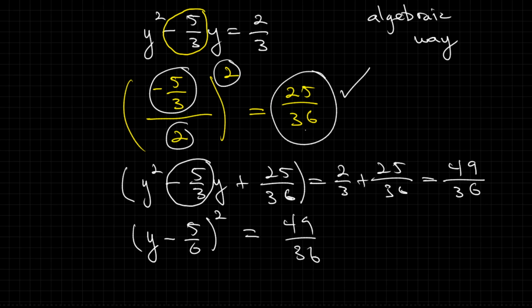The left-hand side will be y minus whatever is attached to the y divided by 2, that's 5/6, squared. And you could go ahead and check this. So let's take y minus 5/6 squared.